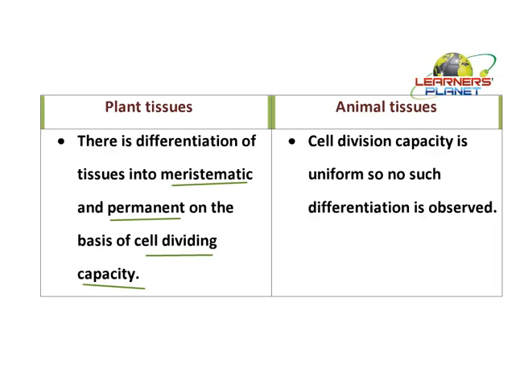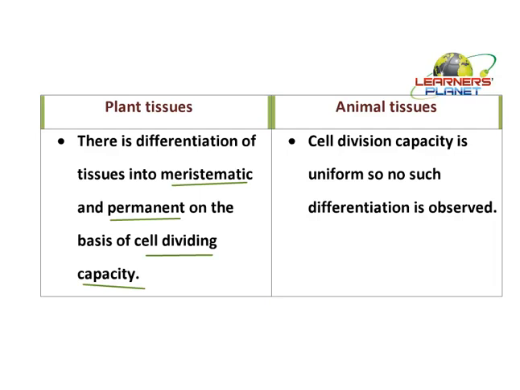So if the cell division capacity is high, then those types of cells or tissues would be known as meristematic tissues. They could be known as growing tissues. Whereas if the cells have lost the capacity for division, then they would be known as permanent tissue.